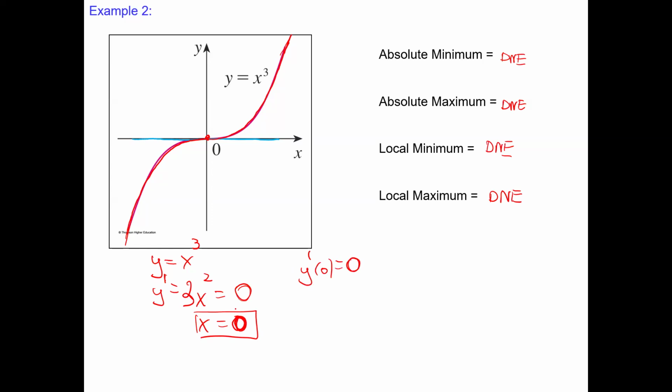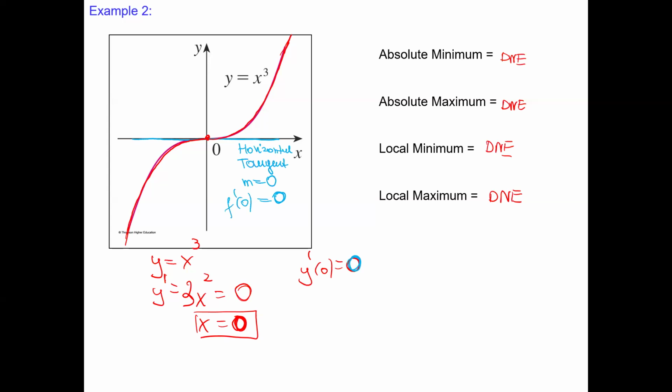So at 0 there is a horizontal tangent, because the slope is 0. Let's say f prime at 0 is 0. But we may also notice that even if we have a horizontal tangent, a local minimum or maximum does not exist.